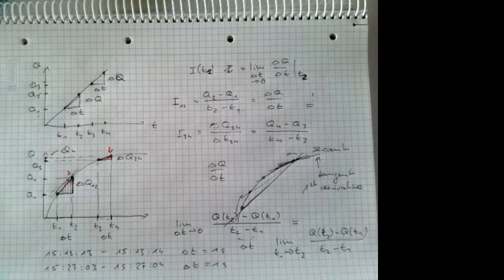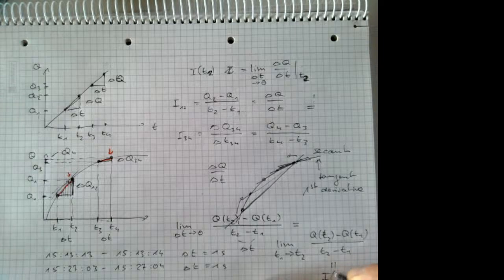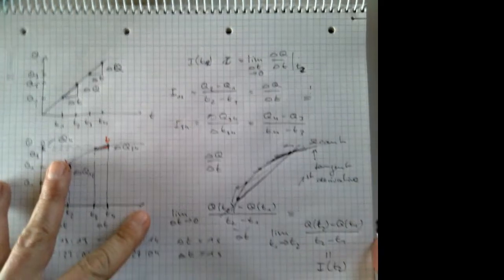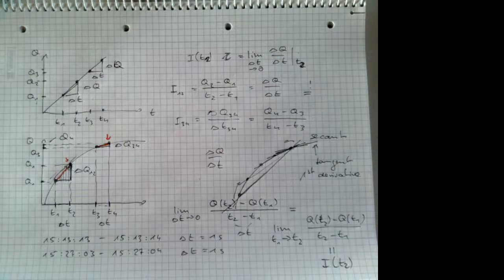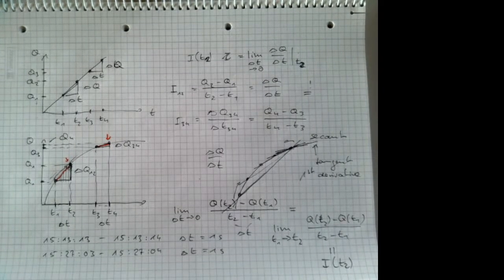So if you do it like this, T1 approaches T2, then you say, okay, this is then the current at T2, right? So I move this point towards that one, the slope of the secant becomes the slope of the tangent, but where? Since this point here is approaching this one, I get finally the first derivative at this point here.